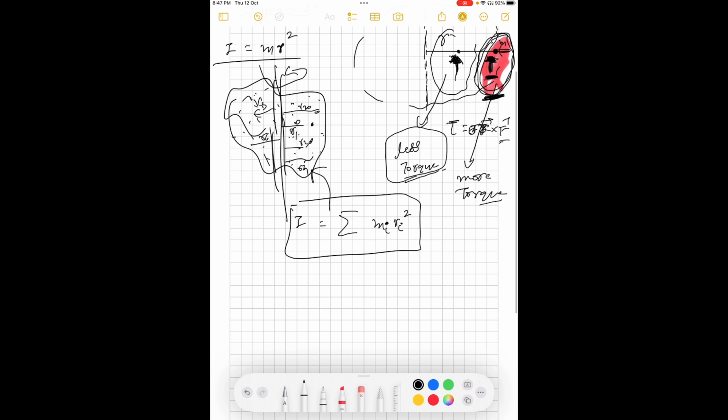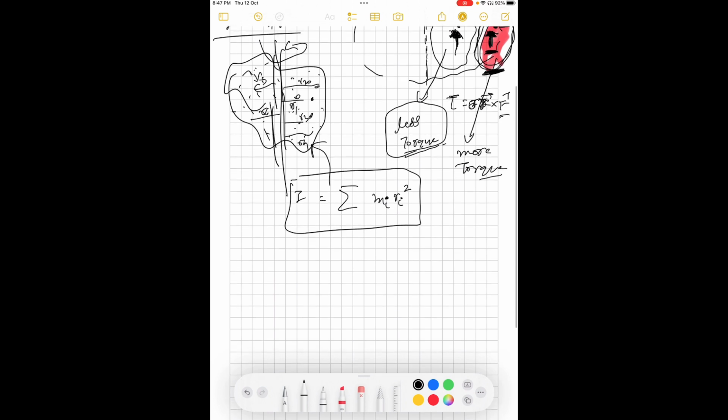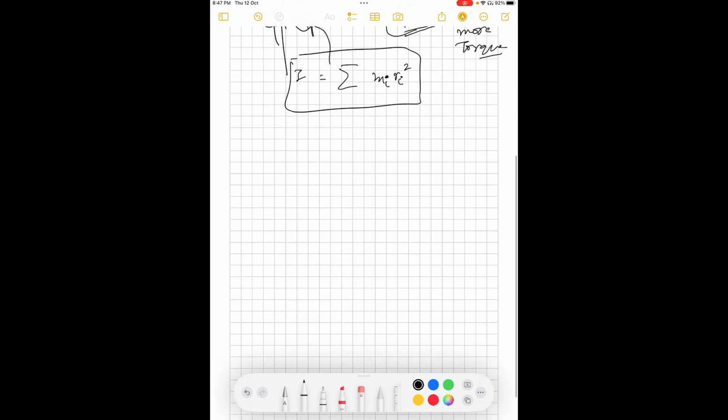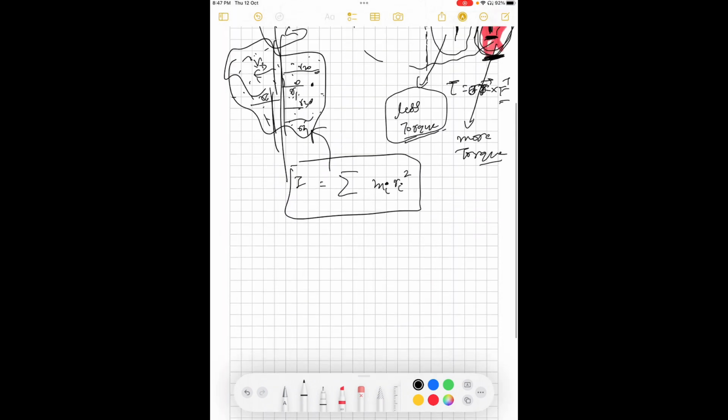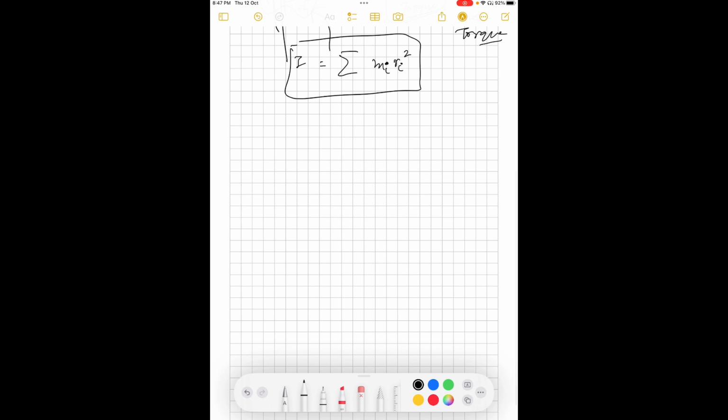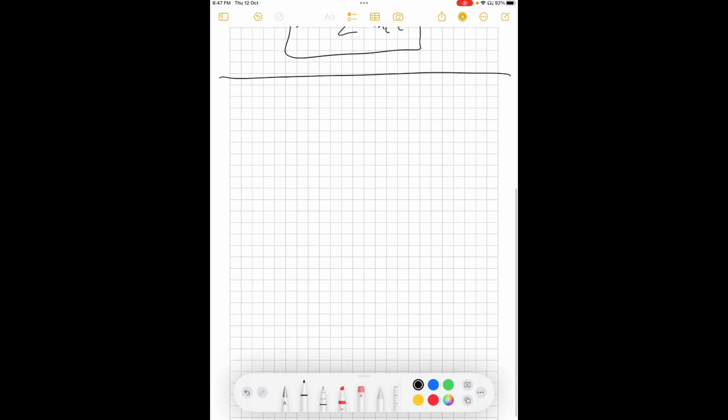So that is a very general body, but we can analyze some familiar, more symmetric bodies and calculate their moment of inertia. Let me go directly to a very familiar object, that is a ring.